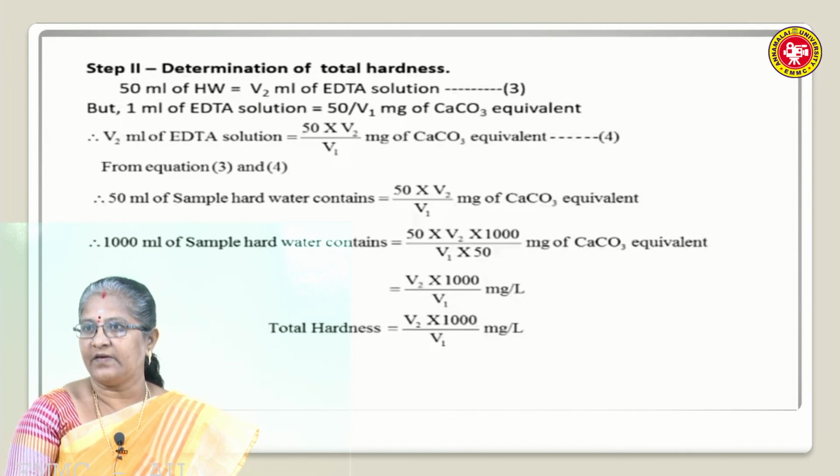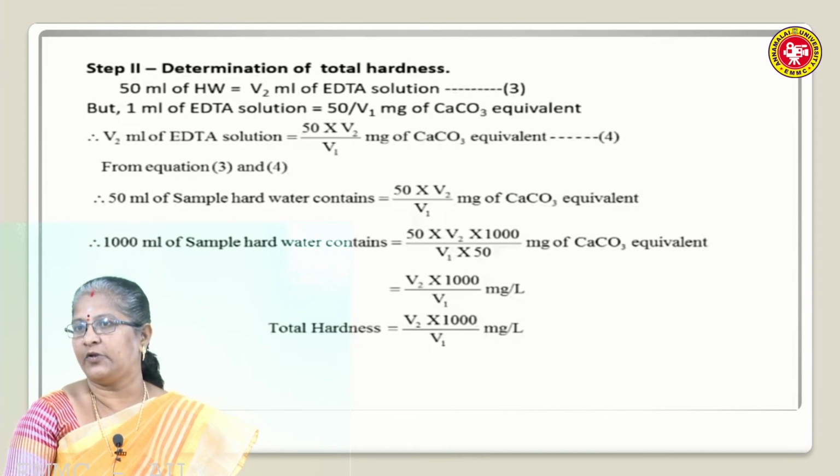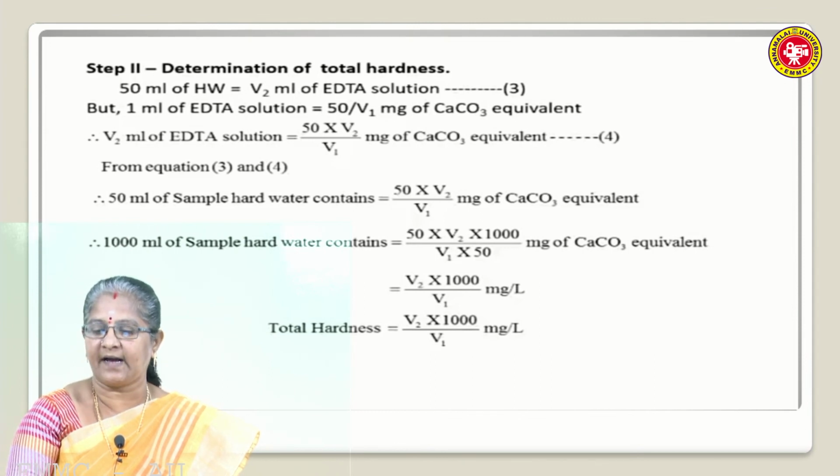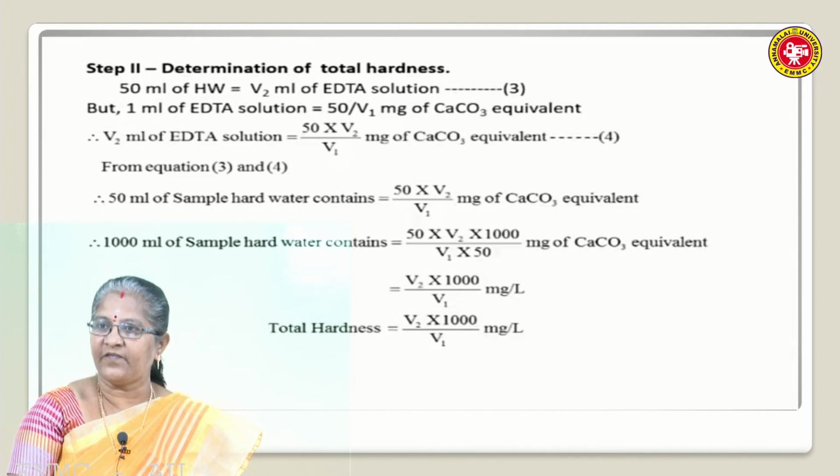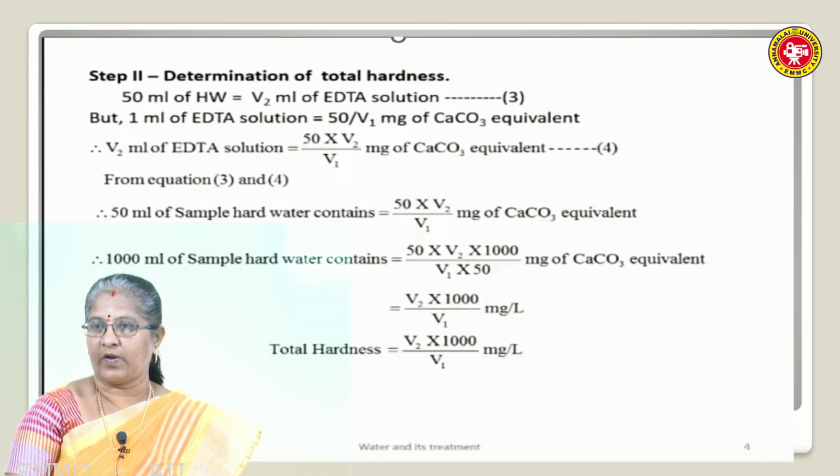So, here you can cancel 50-50 in the numerator and denominator. Finally, you get V2 by V1 into 1000. So, the total hardness is calculated using the formula V2 by V1 into 1000 milligrams per liter. Okay. Next.